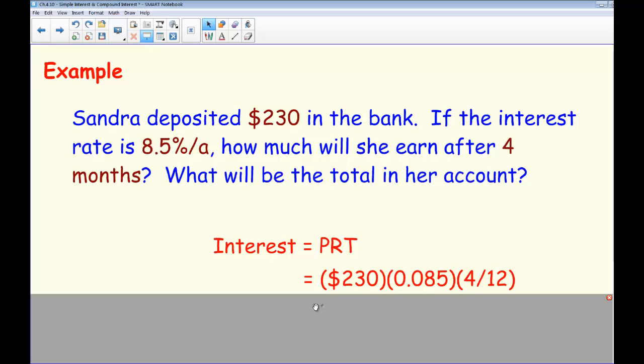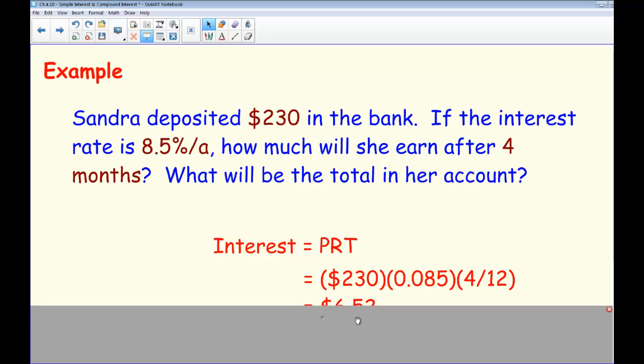And then since we're only looking at 4 months out of the year, then we will have to change that 4 months into a year format, so therefore it will be 4 out of 12. So 4/12 of the year.